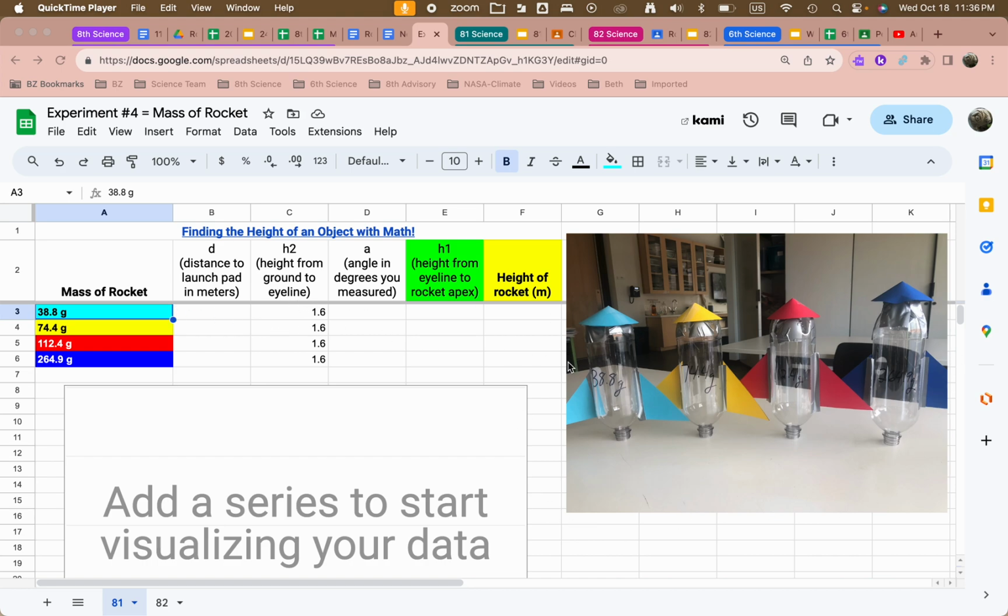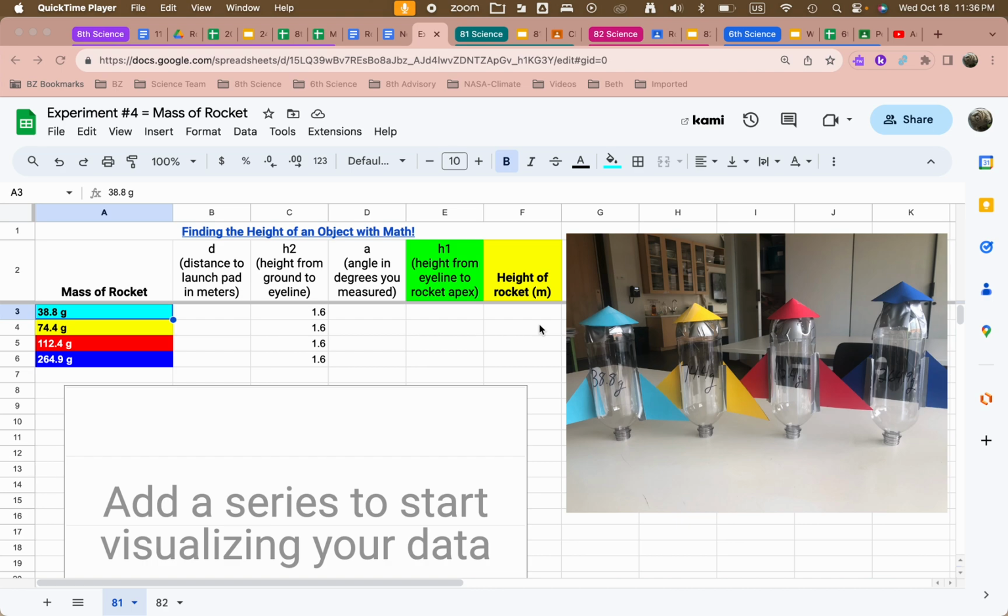So I have made, for consistency's sake, 4 different rockets that we are going to launch. There are no weights on the lightest one, which is 38.8 grams, right? But then I did put weights on the yellow, red, and blue rocket. So the weights are all on the top, right?